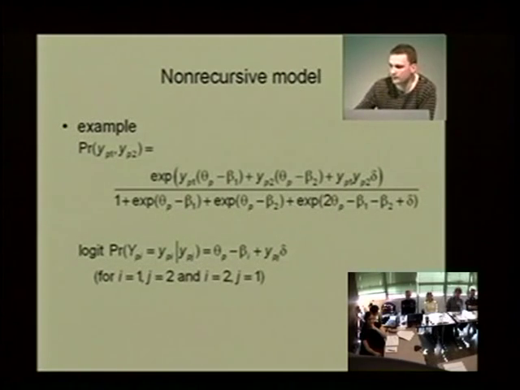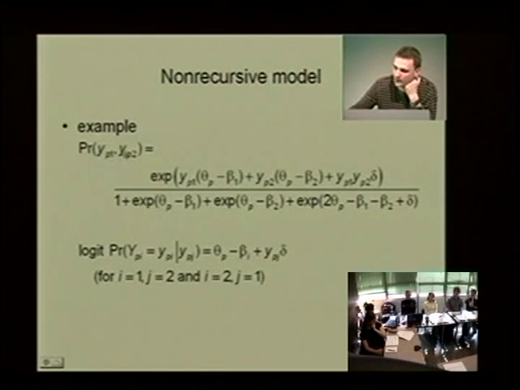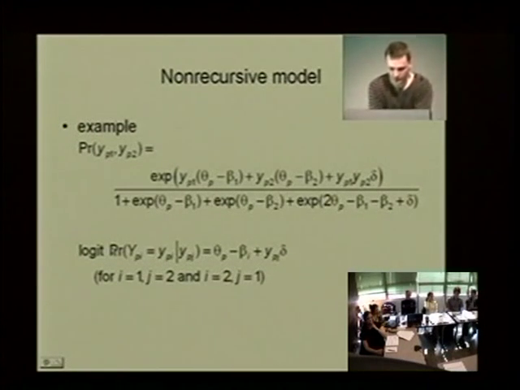And here is an example, again, for the simple case of two items. So what you define is a joint probability of a certain response pattern for the two items, so YP1 and YP2, and that joint probability looks as follows. This is a conditional model because the conditional probability of a certain response on item I given a response on item J is a Rasch model.